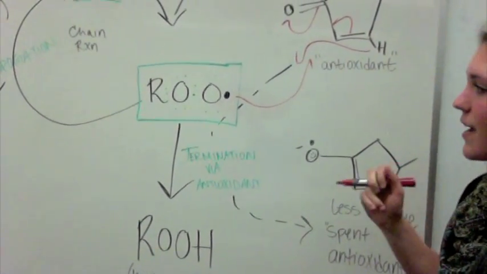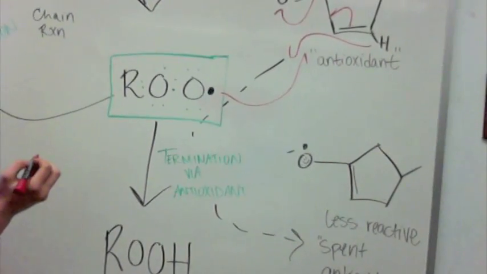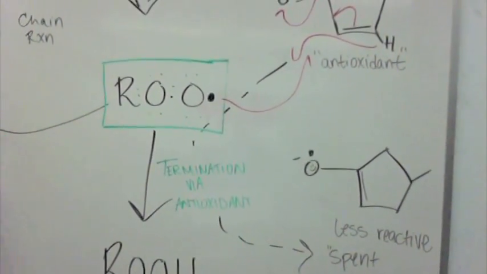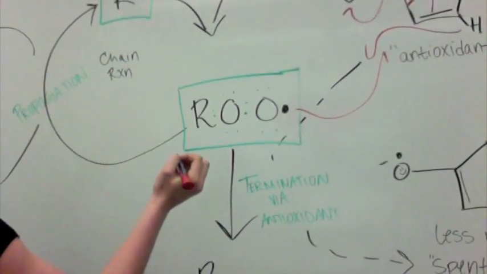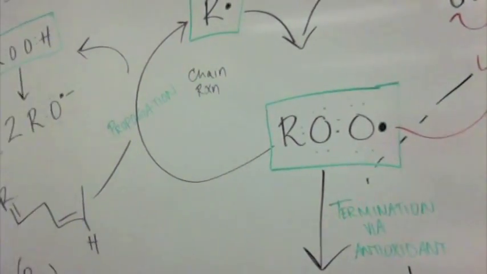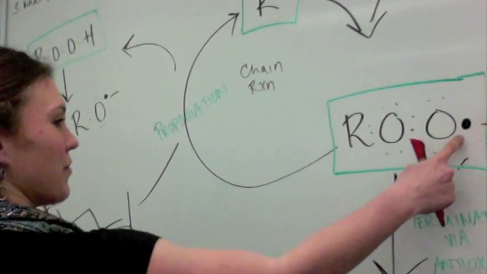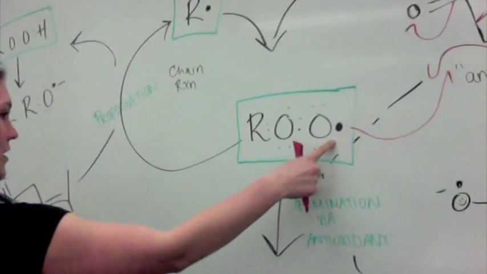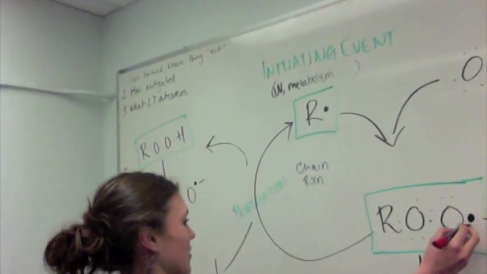However, if that doesn't happen, then we have propagation of this chain reaction, in which we've got a polyunsaturated fatty acid, like in our cell membrane, and the radical here will react with one of the double bonds to pull off one of the hydrogens.